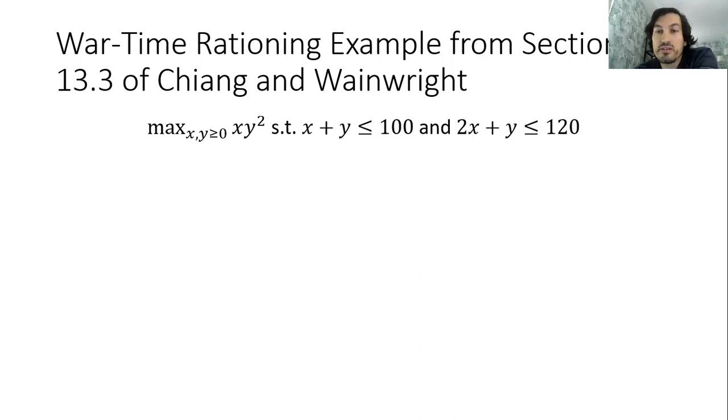You had to buy it with this coupon. So here the coupons give you a new constraint: maybe you have 120 coupons, and to buy a unit of X you need 2 coupons, and to buy a unit of Y you only need 1 coupon. Therefore, it's a different budget constraint.